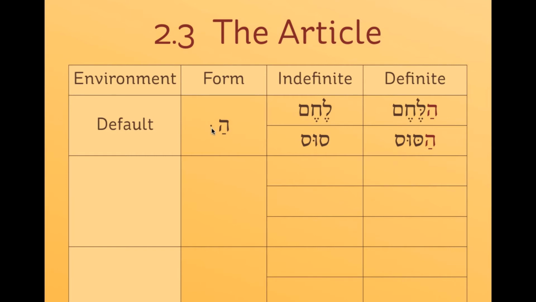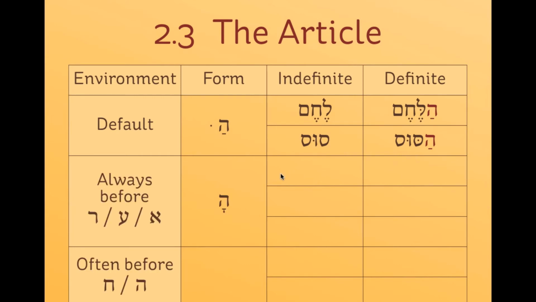The dagesh is a dagesh chazak, the doubling dagesh, because there's a preceding vowel. So here we have an indefinite noun, lechem, bread, and definite ha lechem, the bread. Sus, a horse, ha sus, the horse.